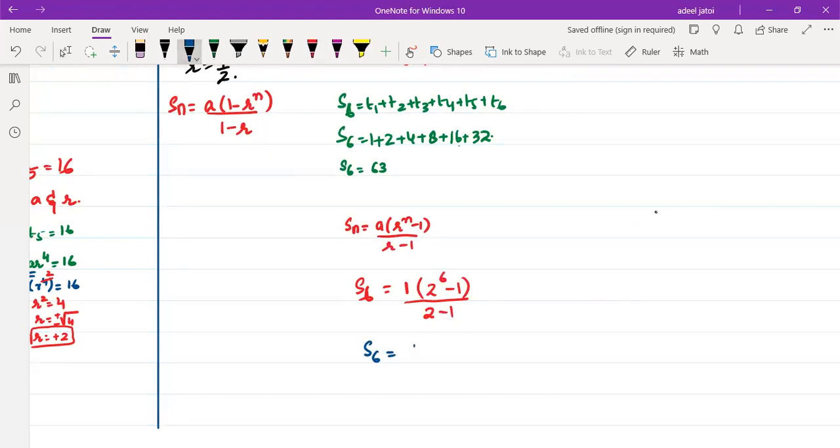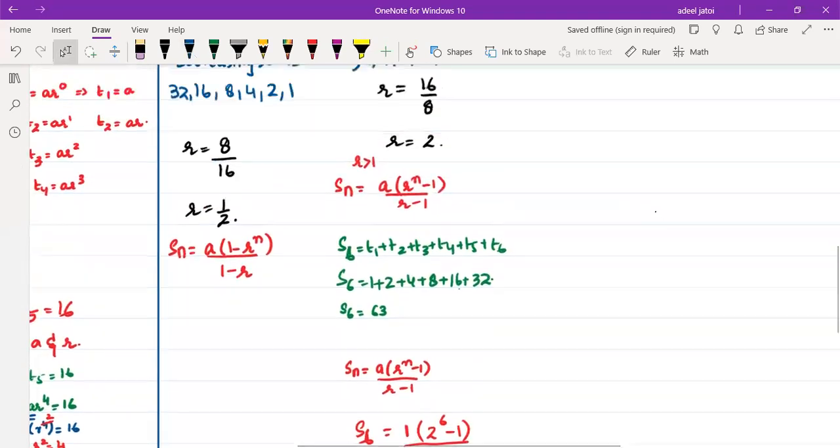S6 is equal to 1 times 2 to the power 6, which is directly what? 64. Minus 1 upon 2 minus 1. 2 minus 1 is 1 in the denominator. 64 minus 1 becomes what? So 63 will be the sum.